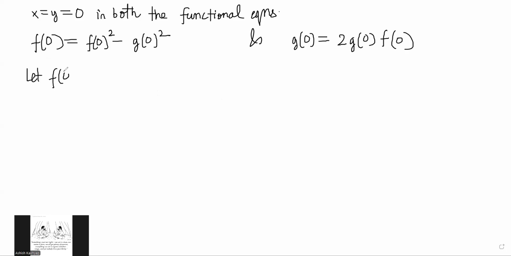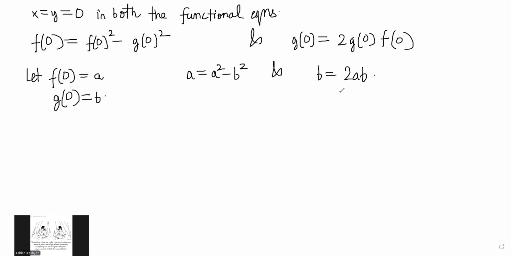Let f of 0 be equal to a and g of 0 be equal to b. So our equations are a is equal to a square minus b square and b is equal to 2ab, right? So from here we are getting b into 1 minus 2a is 0. So b is 0 or a is half.